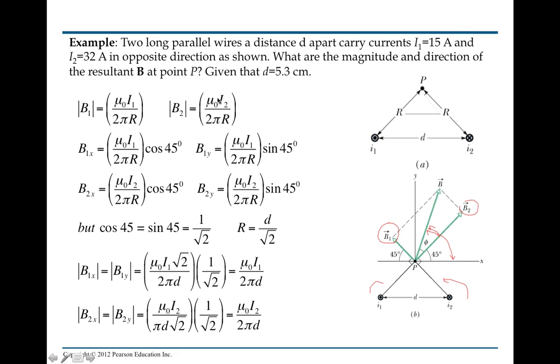This is distance R, and he told me that they are infinite wires. Then I calculated B1x, B1y, B2x, B2y, because the angles are all 45.